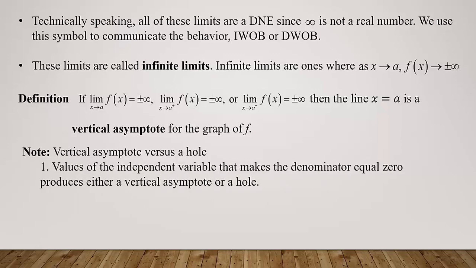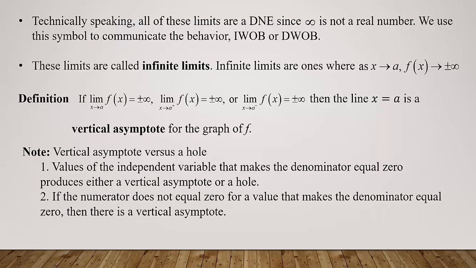So first thing we'll do, we have a function. We're going to determine values of the independent variable that make the denominator equal 0. Any value of the independent variable that makes the denominator 0 is producing either a vertical asymptote or a hole.